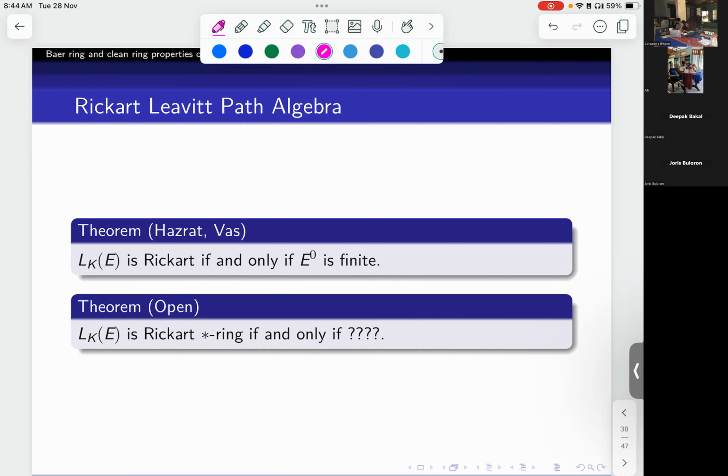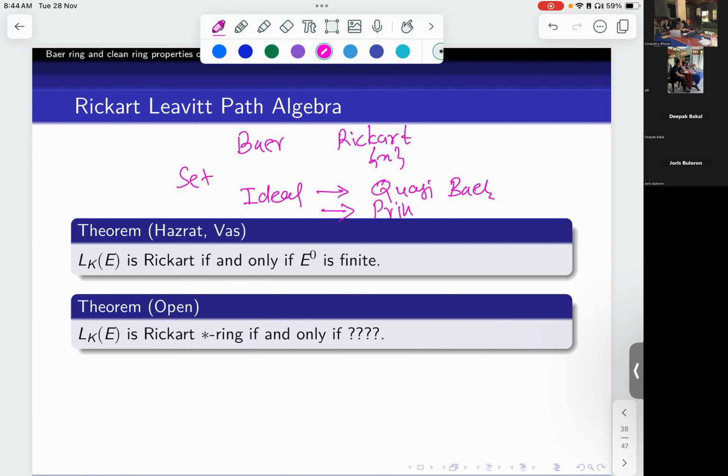Why I was interested in this topic, this is not in the slides, is because Baer rings and Rickart rings are generalized: instead of considering annihilators of sets, people consider annihilators of ideals. Such a thing is called quasi-Baer. And instead of considering the annihilator of a set X, people consider the annihilator of the principal ideal generated by X, and it's called principally quasi-Baer.